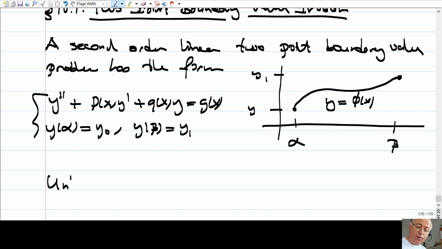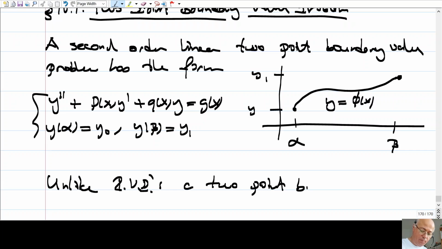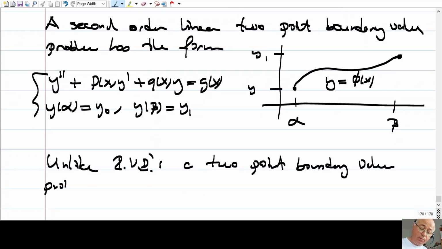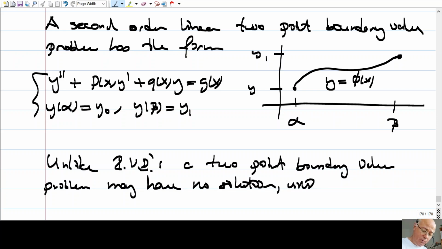Unlike initial value problems, a two-point boundary value problem may have no solution, a unique solution, or even infinitely many solutions.